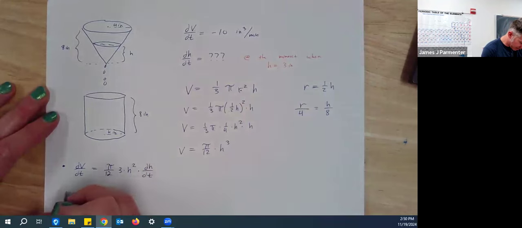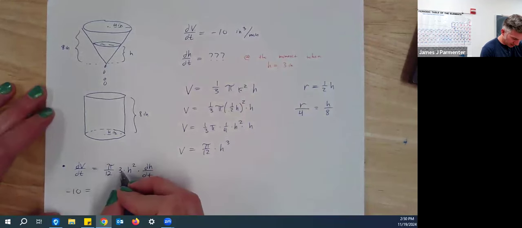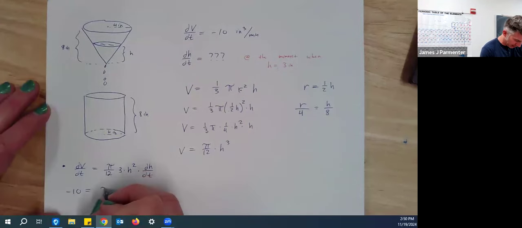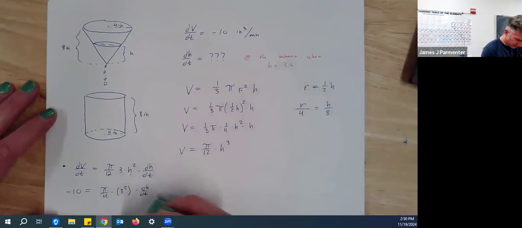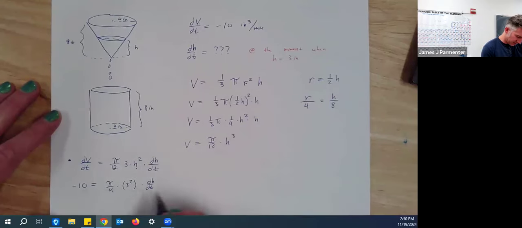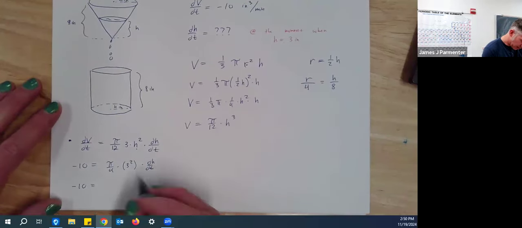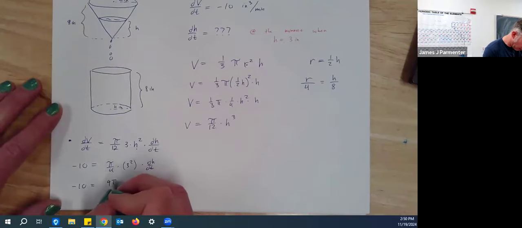We know that dV/dt is -10. I'm going to reduce pi over 12 times 3 to just pi over 4. We know that h is 3, so h squared is 9, times dh/dt. Simplifying the right-hand side, I've got -10 equal to 9 pi over 4 times dh/dt.